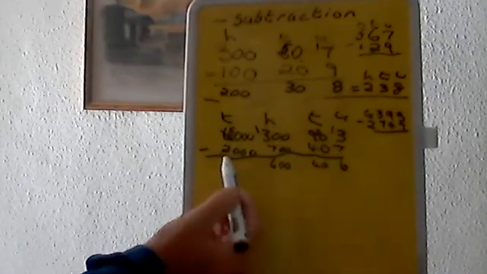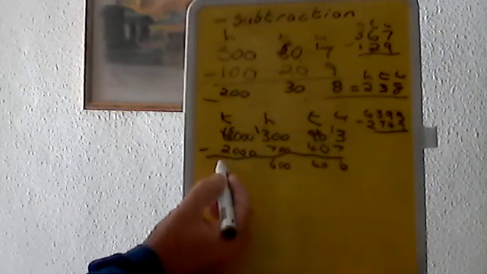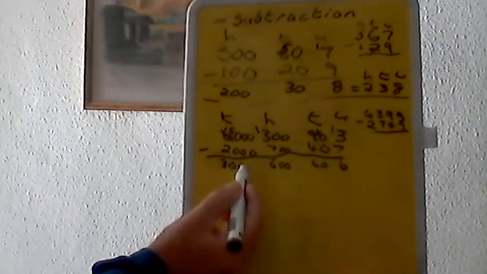And 5,000 minus 2,000 is 3,000. So that's showing how it works out, why we can do that. We have to know why we can do it. And it is a rule.